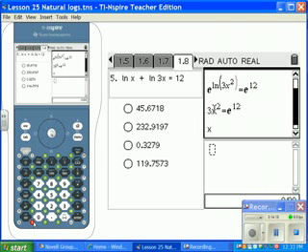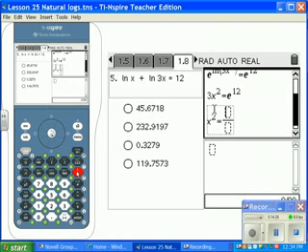So we get x squared equals e to the 12th over 3.